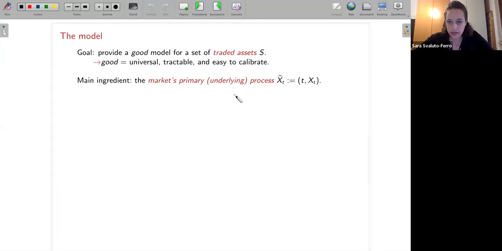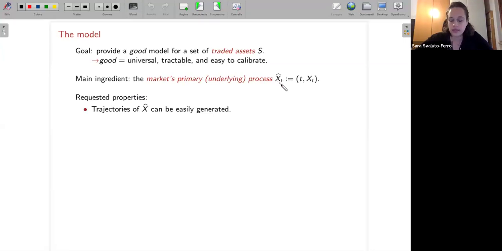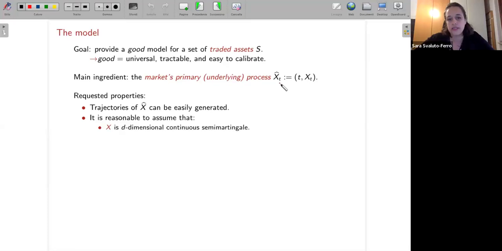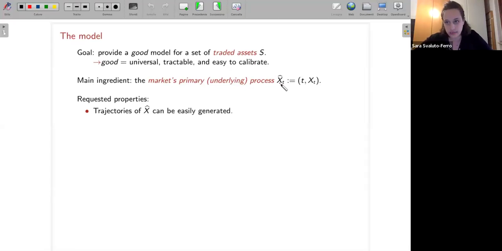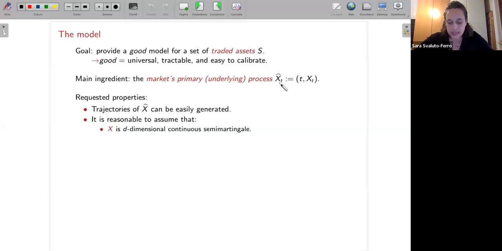The main ingredient behind the model was some market's primary process. This is what stays behind the model. And what should it be? It should be something that we can generate easily. And something that is reasonable to assume to be a d-dimensional continuous semi-martingale.